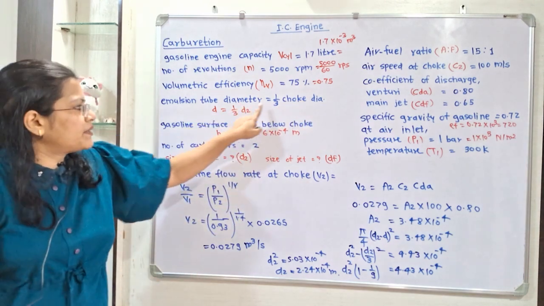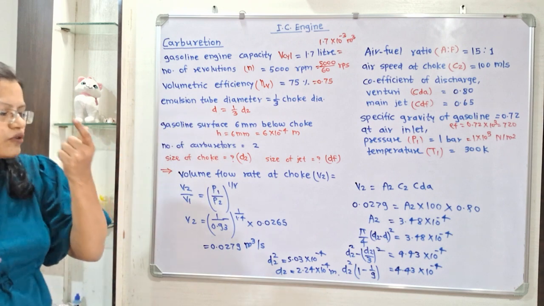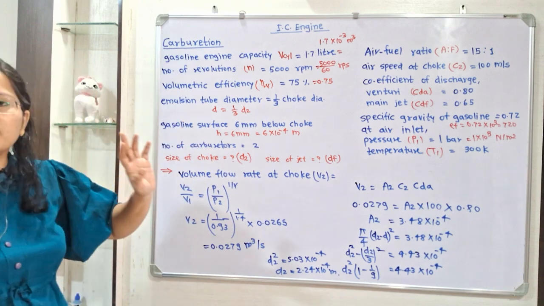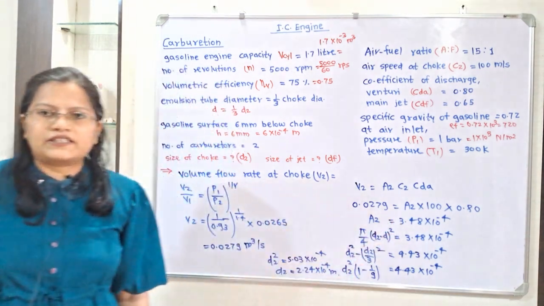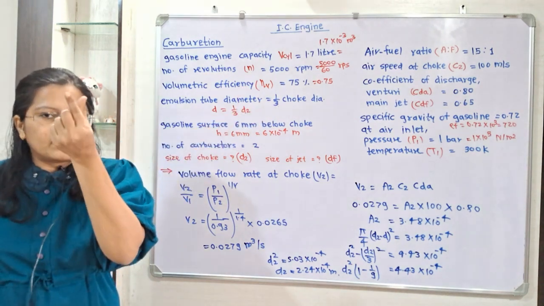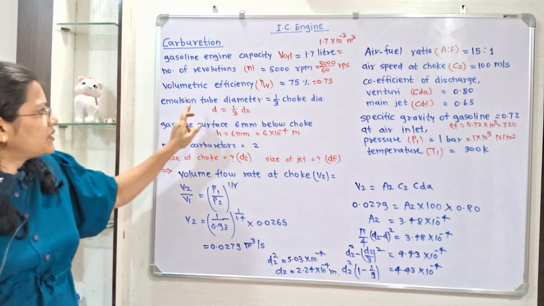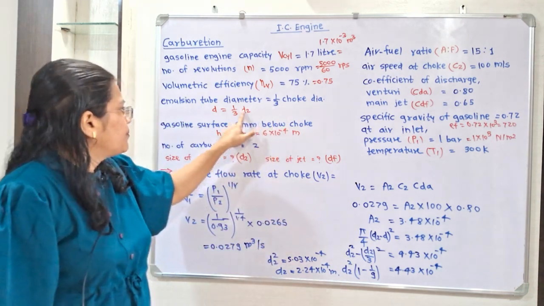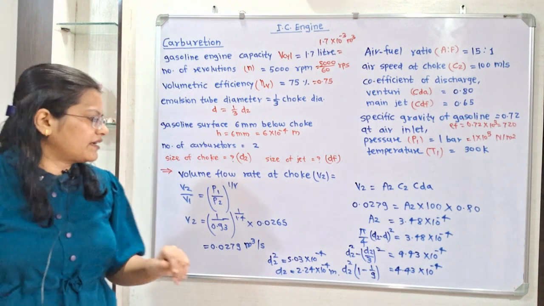So this choke diameter is D2 and the emulsion tube diameter is D. So this cross sectional area A2, how we can define it, is pi by 4 (D2 minus D) bracket square. For D2, that means the total choke diameter, we have to subtract the diameter of the emulsion tube. So then it is (D2 minus D) bracket square. With the help of the diagram we can understand this.